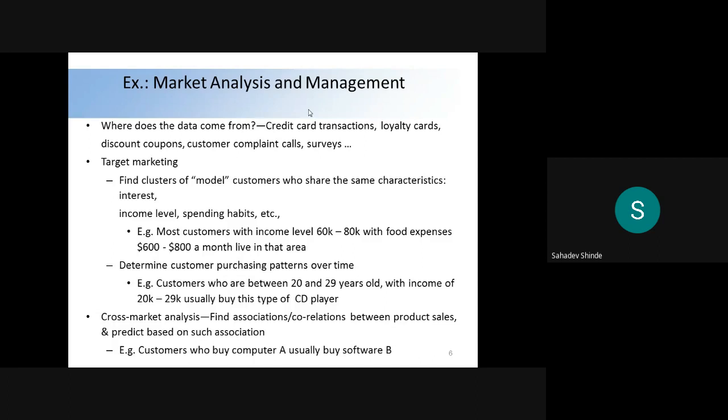And determining customer purchasing patterns over time: for example, customers who are between 20 and 29 years old with an income of 20K to 29K usually buy this type of CD player. And cross market analysis: find associations and correlations between product sales and predict based on such associations. For example, customers who buy computer A usually buy software B also.